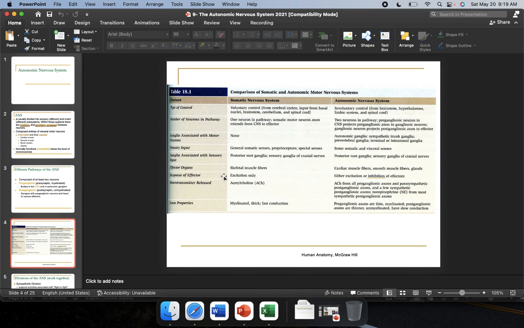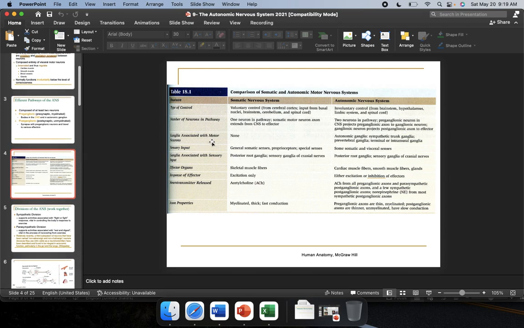This slide is going to compare and contrast some of the differences between the somatic nervous system and the autonomic. One of the biggest contrasting points is that our somatic system, we can control it, right? We think about moving our arm, or we think about walking, but our autonomic nervous system is involuntary. Then you can go through one neuron in the somatic system, two neurons in the autonomic, with ganglia.